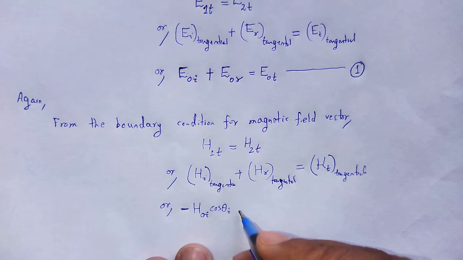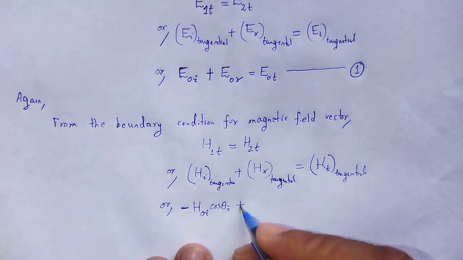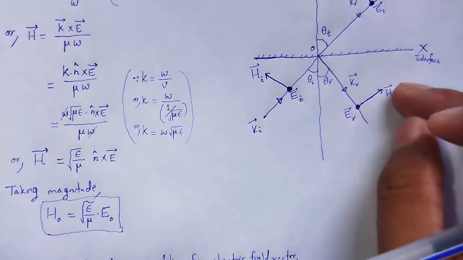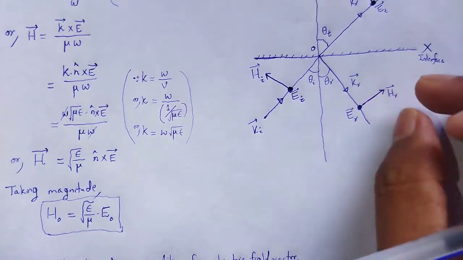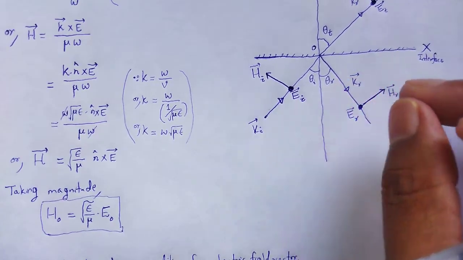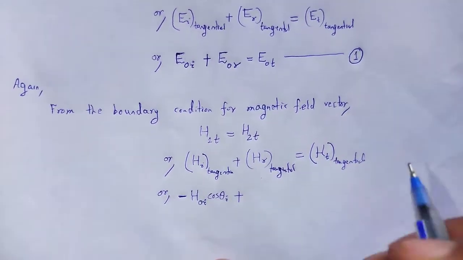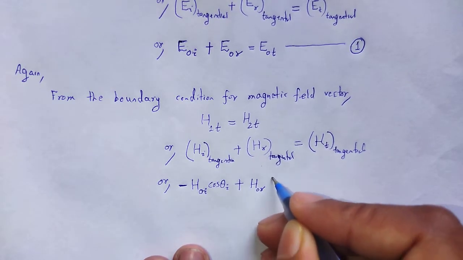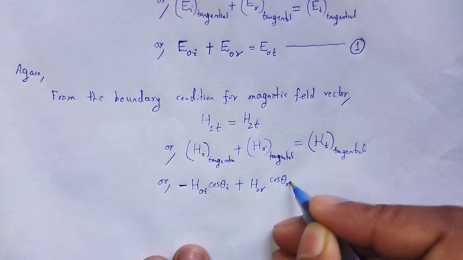Similarly, for the reflected wave, its tangential component angle is theta r. So the tangential component of H_R is H_R cos theta r, and taking the magnitude parts, that is H O R cos theta r.